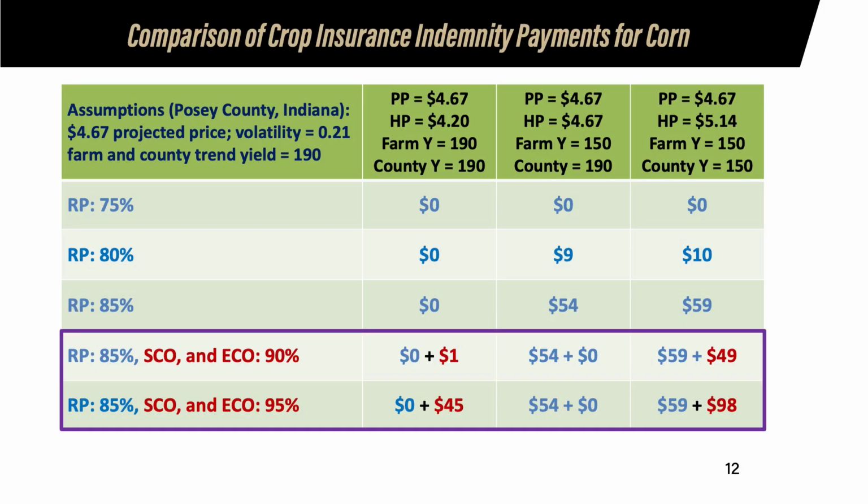I've got a second and third column. In particular the second column assumes that the projected price and harvest price are the same, but in this case, the county yield is right at trend, and for whatever reason, the farm yield was about 20% below trend. I purposely made it a fairly big number, so the farm level is below the trend. In this case, you get a revenue protection payout for 80% and 85% because it's over a 20% reduction in yield.